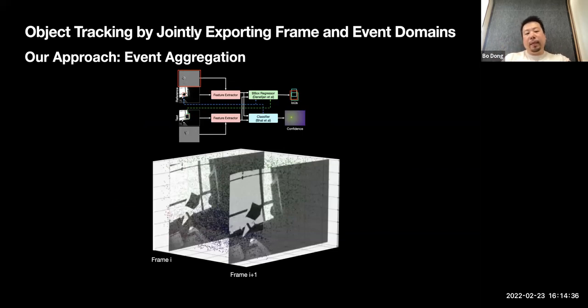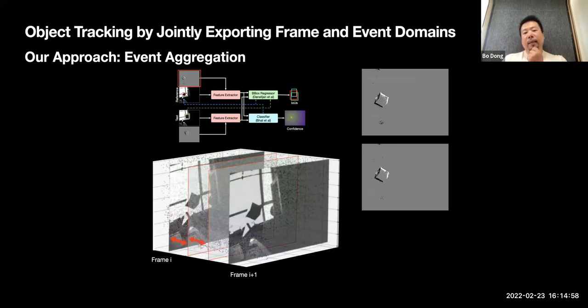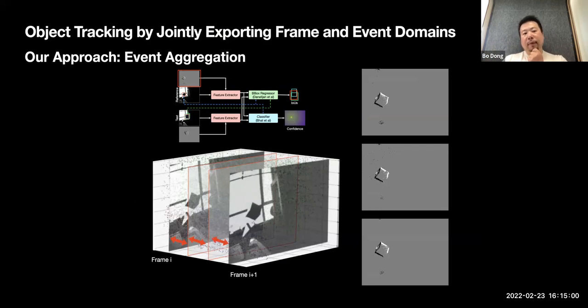In our case, we chop the events into n bins, in this case only 3 bins. For each bin, we accumulate events together: for each pixel, we select the event polarity with the latest timestamp. In this way we get 3 event-based frames. So we change the asynchronous events to synchronous frames, which can then be leveraged by state-of-the-art deep learning-based approaches, right?